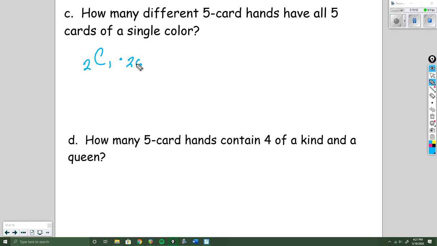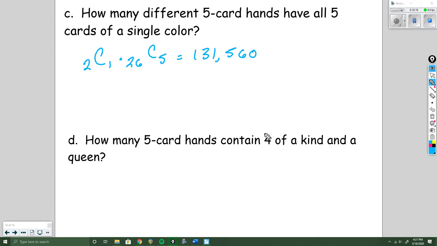So once we choose that color, now we're figuring out how many hands we could make in which all five cards are of that same color. So that would be 26C5. So 2C1 times 26C5, and we'd get 131,560 different hands.